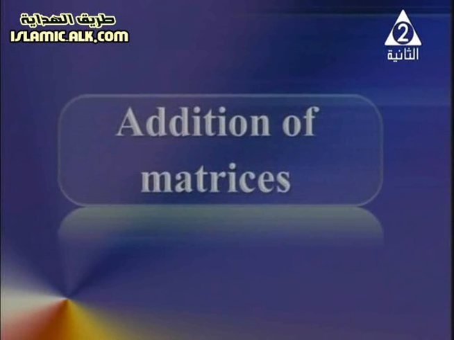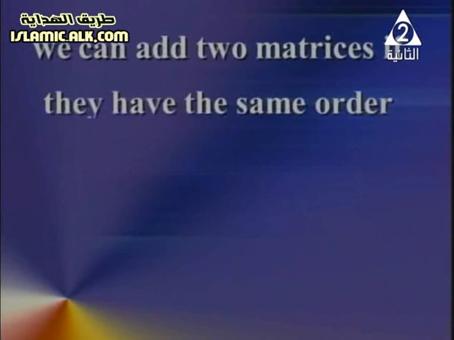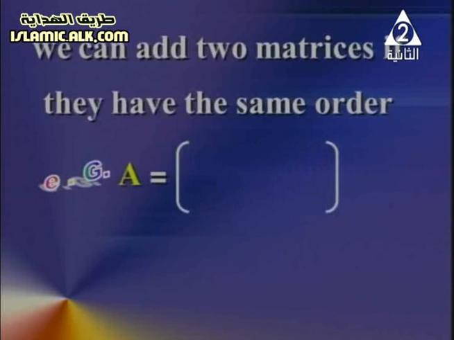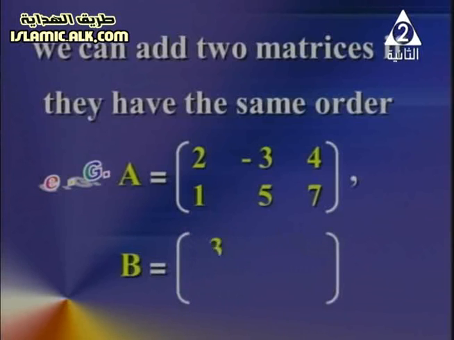Addition of matrices. We can add two matrices if they have the same order. Look at matrix A: 2, -3, 4 and 1, 5, 7. This matrix has 2 rows and 3 columns. Another matrix B: 3, 1, 5 in the first row, -1, 2, -4 in the second row.